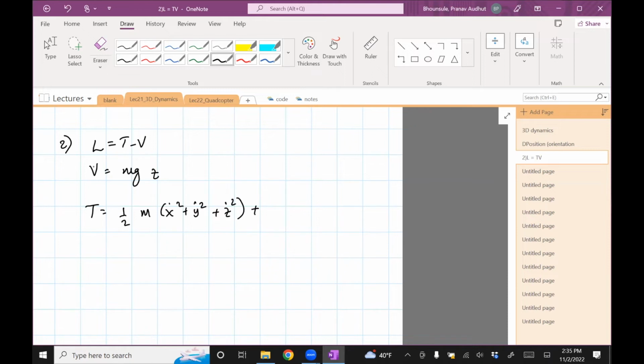Now there's another piece, which is the kinetic energy due to rotation. For rotation, I actually have two options.